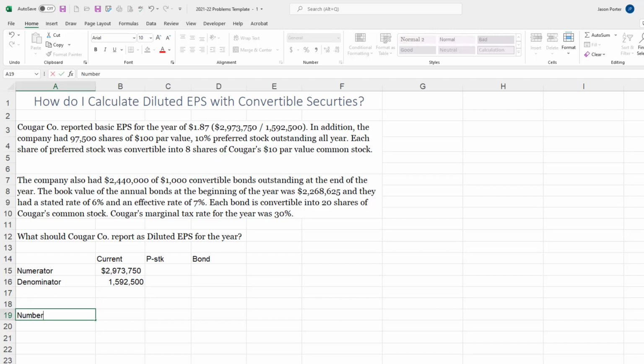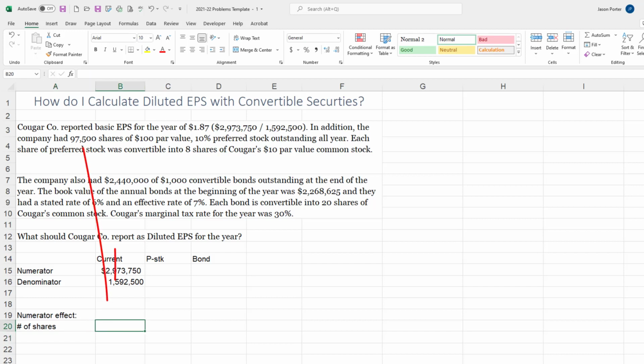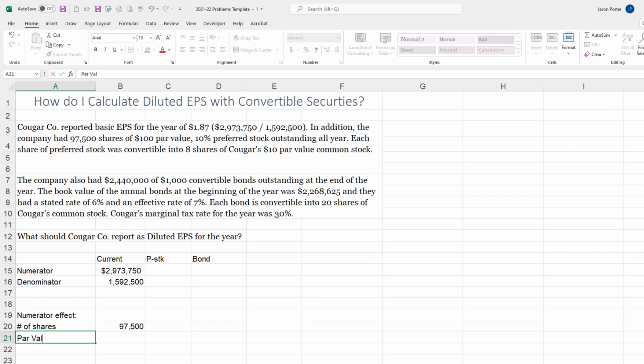So my numerator effect, if these preferred stock shares were converted into common stock, I would not have to pay them their dividend. So I'm going to calculate the amount of my dividend, and I do that by taking the number of shares, which was 97,500. I'm going to multiply by their par value, which is 100.